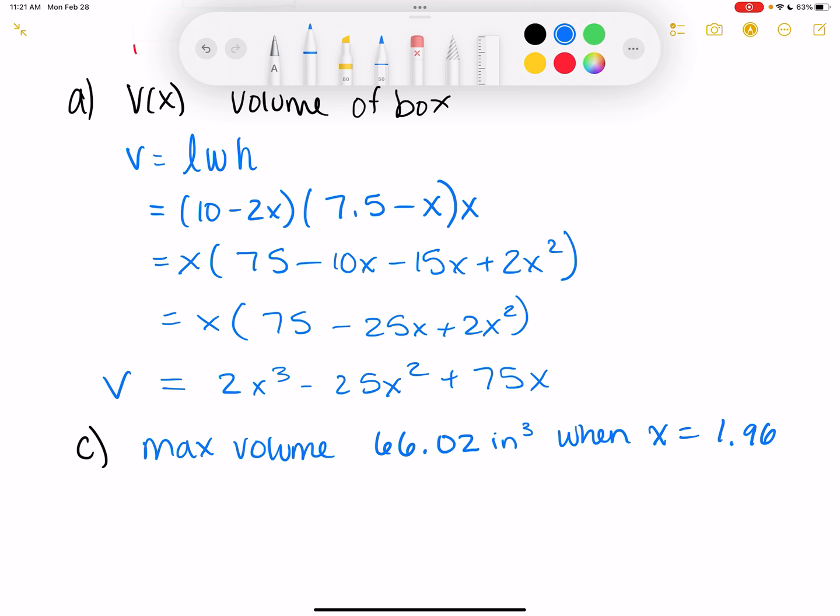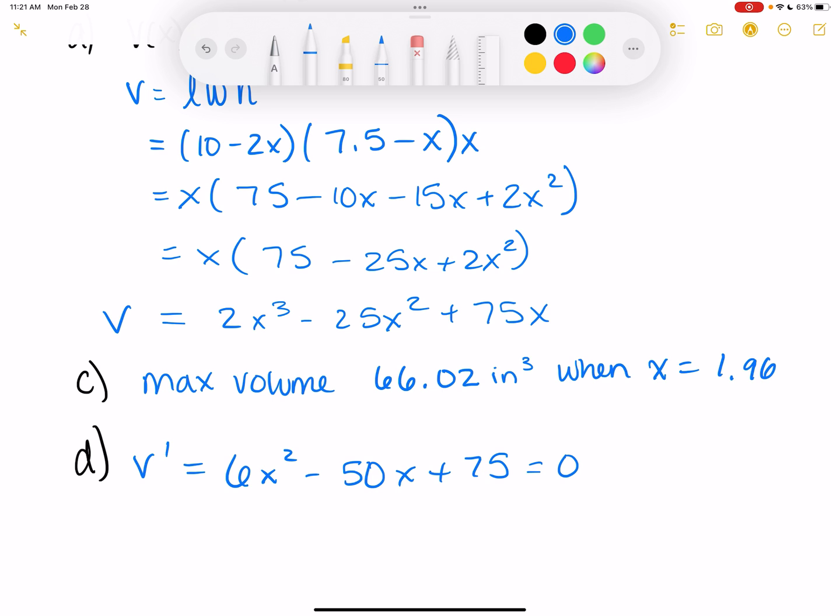So the derivative of that would be 6x squared minus 50x plus 75. And then if you set that equal to 0, I would want to know, is there any way that we can factor that? Or can it be factored?